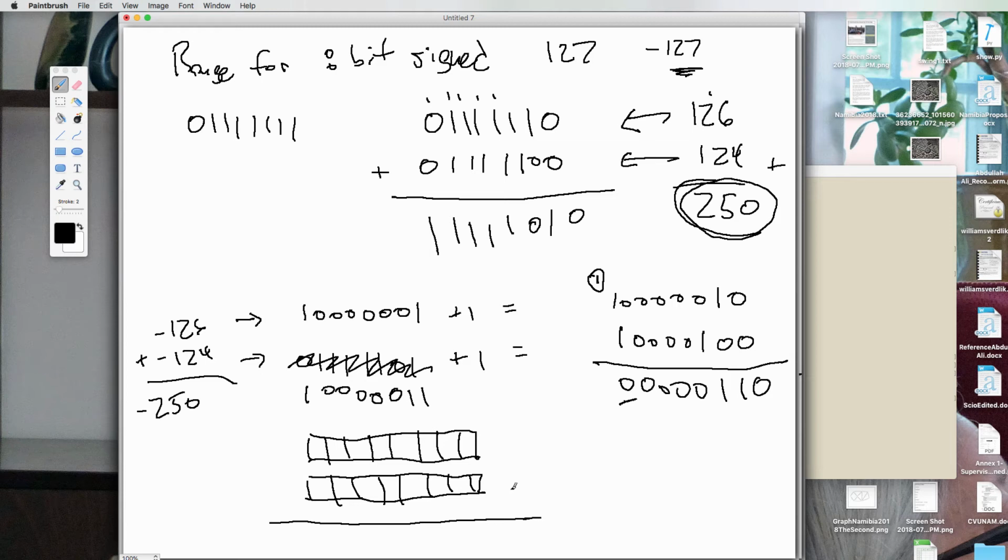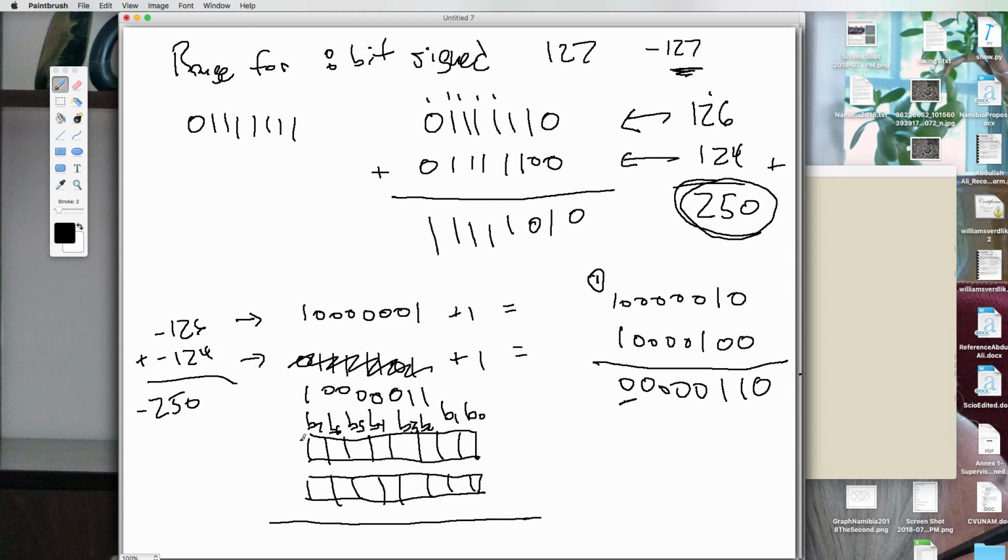So what I want to do is number these bits. I'm going to call this bit 0, and this bit 1, and it comes all the way over here to bit 7. There's bit 6, bit 5, bit 4, bit 3, bit 2. And what I am curious about are two things.